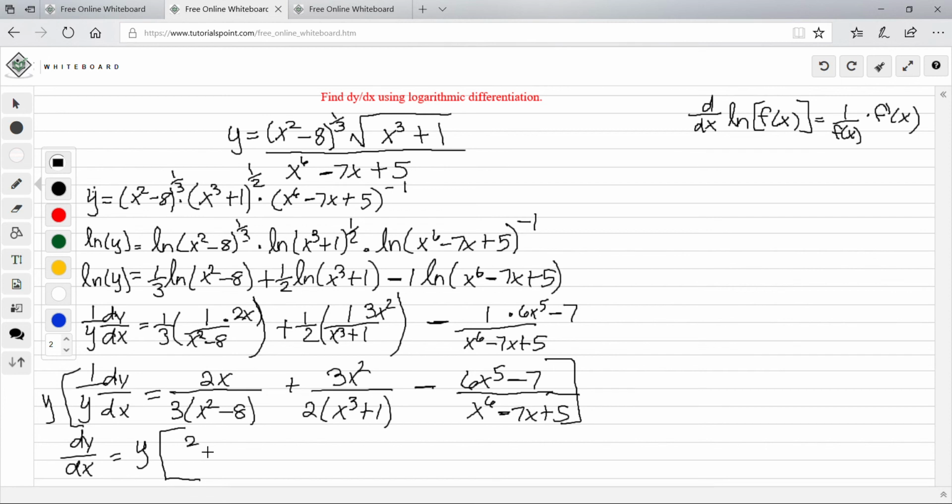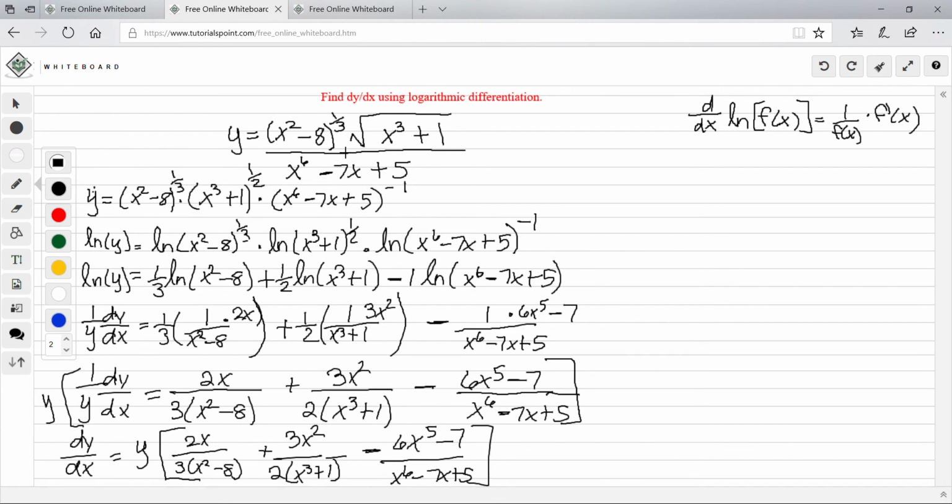So that's 2x over 3x squared minus 8, plus 3x squared, minus 6x to the 5th minus 7 over x to the 6th minus 7x plus 5.